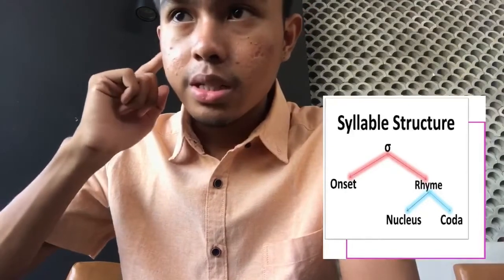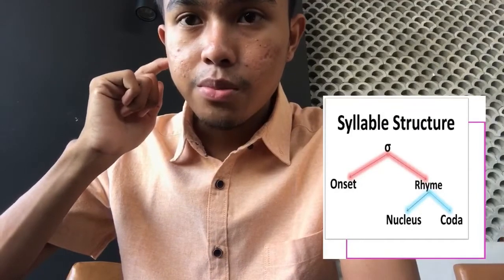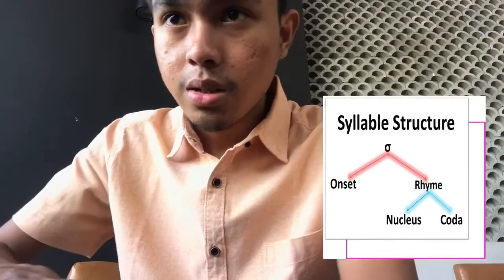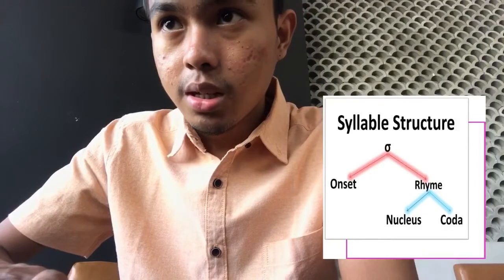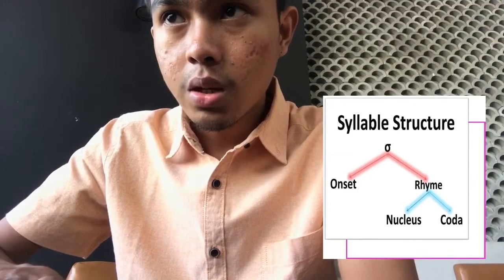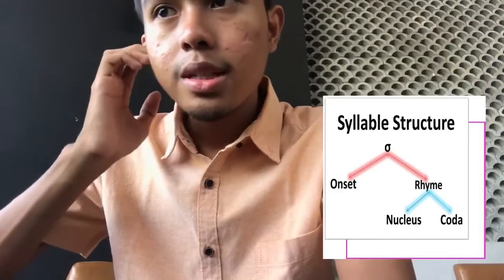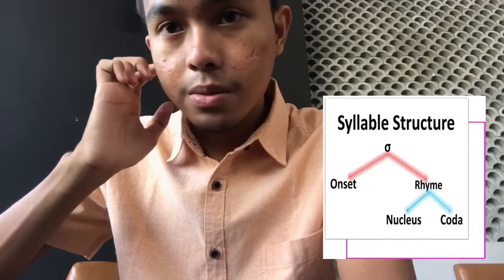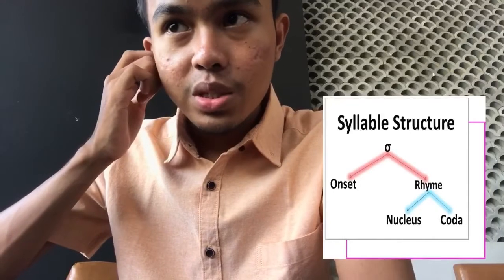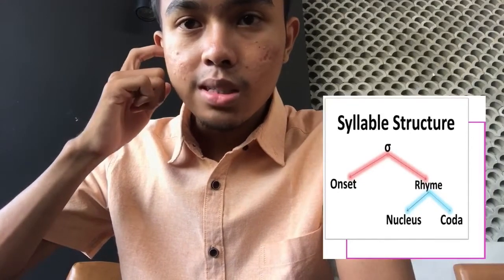So the syllable is easily considered right branching, as you can see. That is, nucleus and coda are grouped together as a rhyme and are only distinguished at the second level. So the nucleus is usually the vowel in the middle of a syllable.